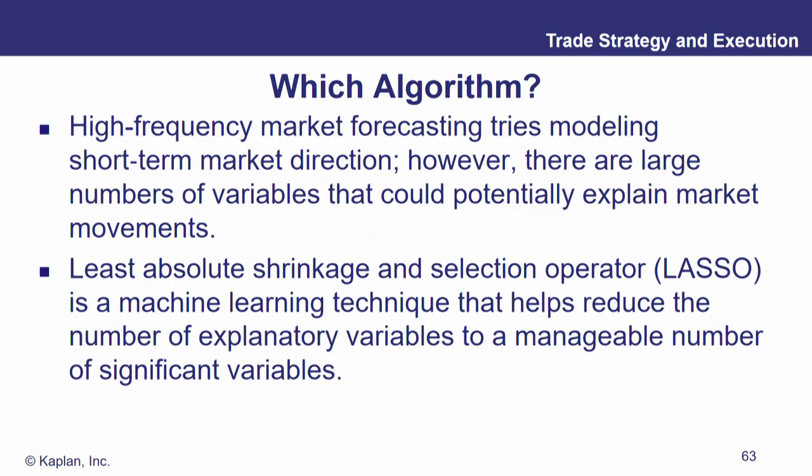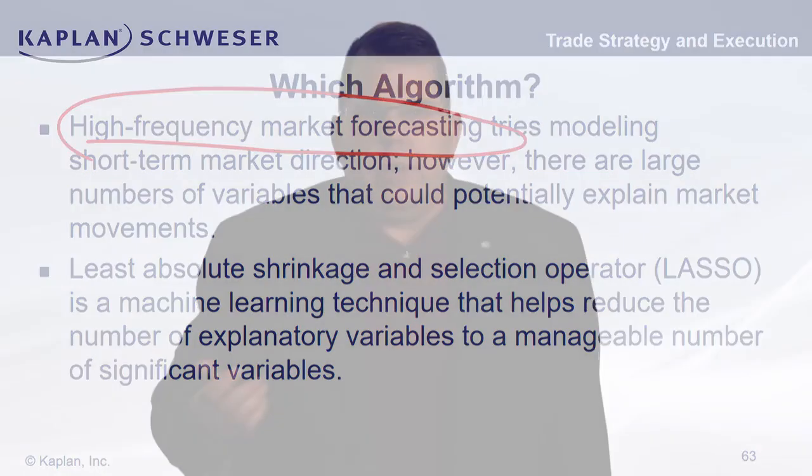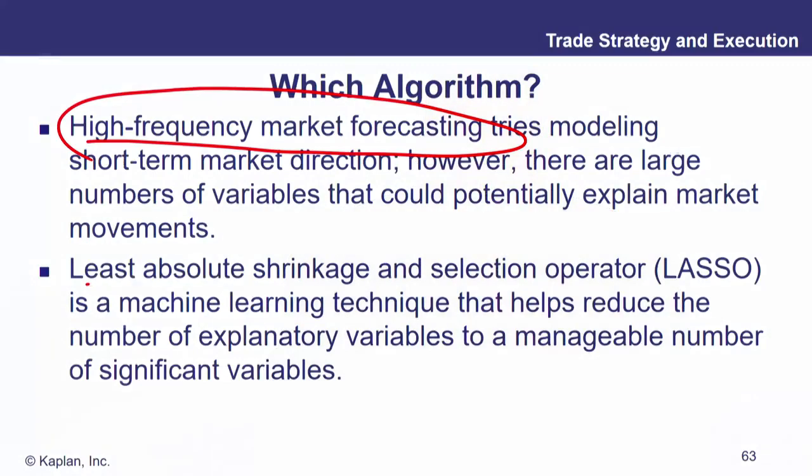Okay, high-frequency market forecasting, what is that? It sounds kind of interesting. Well, this tries modeling short-term market direction. Guess what, though? There are a lot of reasons why the markets move, and it's very hard to try to explain that movement. So what do they use? They use lasso. It's a machine learning technique.